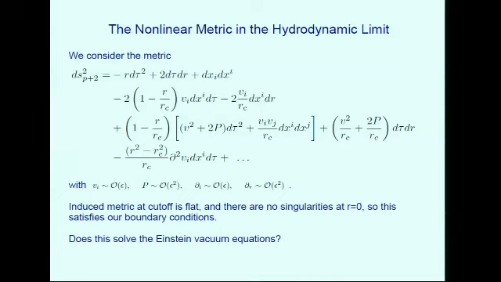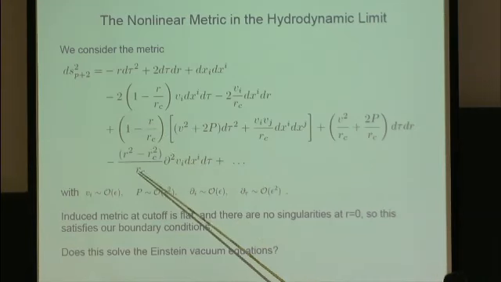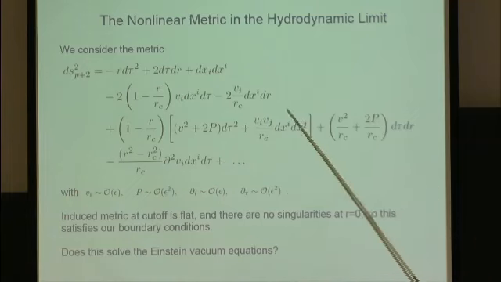We can check that the induced metric at the cutoff is flat. The cutoff is r_c here, so all terms of this form are going to just vanish. And then, of course, because the cutoff surface is a constant r surface, we're going to lose any dr pieces when we go to the induced metric.